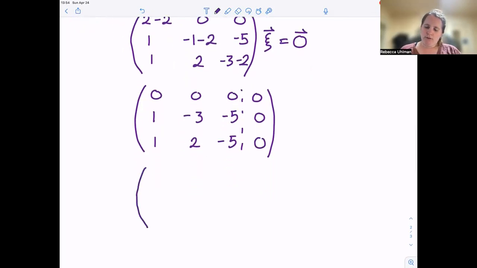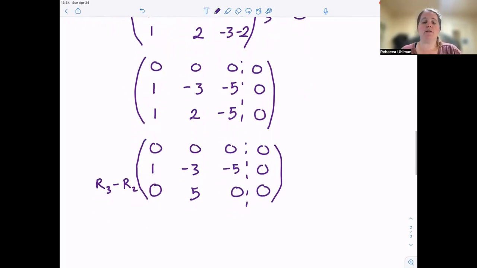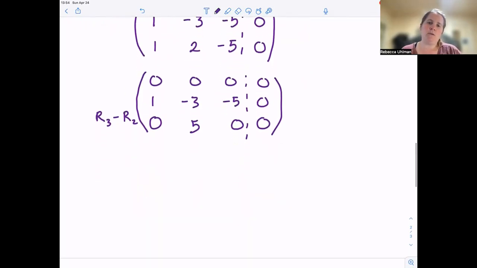If we leave the first and second row alone, so we have 0, 0, 0, 0, and 1, negative 3, negative 5, 0 for our first two rows. And then if we do row 3 minus row 2, 1 minus 1 is 0 for our first position. 2 minus negative 3 is 5, and negative 5 minus negative 5 is 0, and 0 minus 0 is 0. So we just have 0, 5, 0, 0 for our final row.